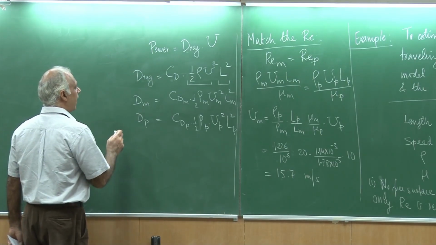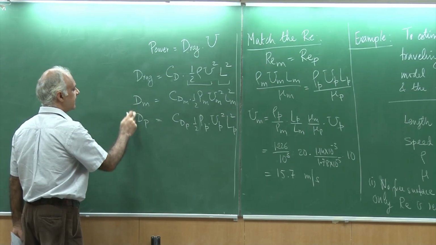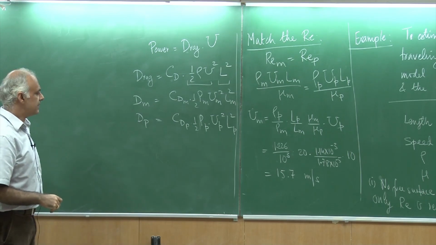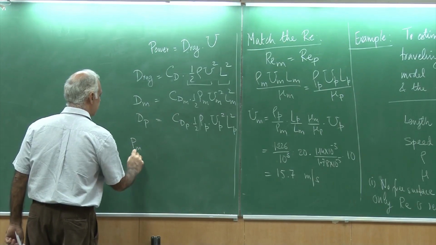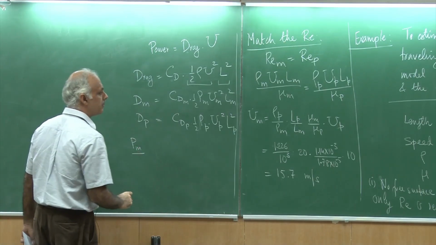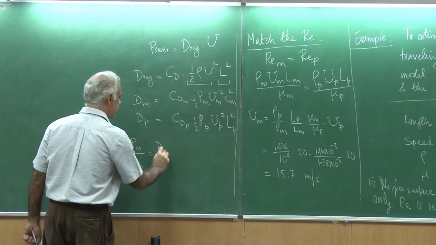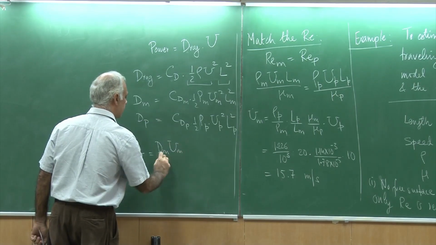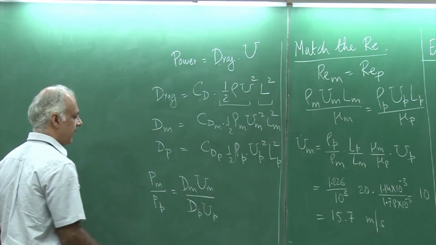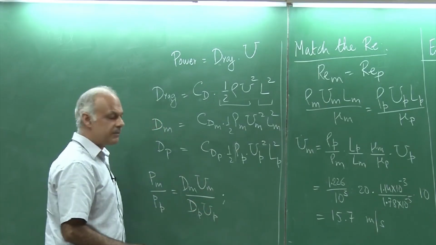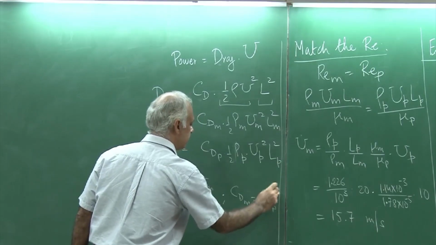If I want to get the power, then I would have to multiply both these expressions with velocity. So if I want to get power on the model divided by power on the prototype, then that would be Dm times u model over Dp times u prototype. And you will also note, because of dynamic similarity, the CD model is equal to CD prototype.